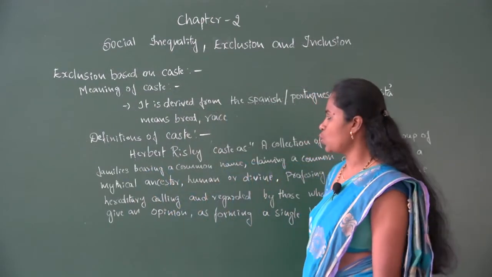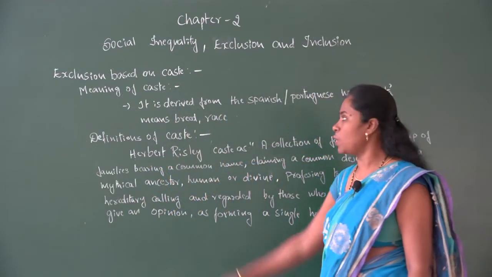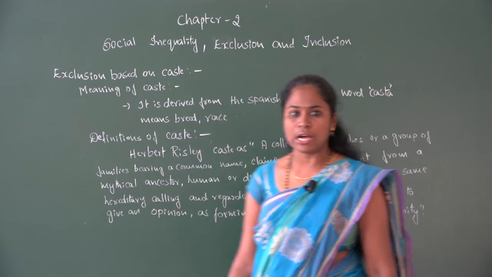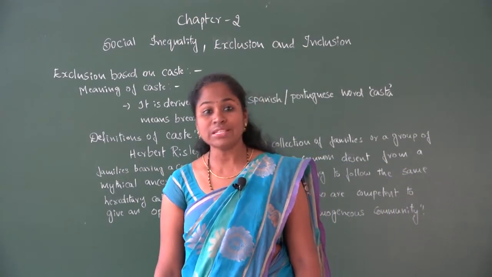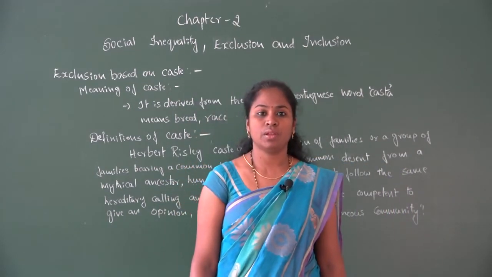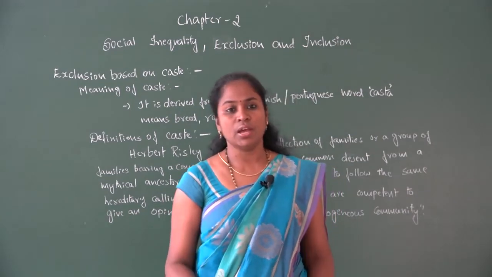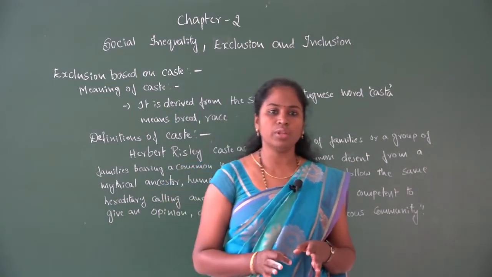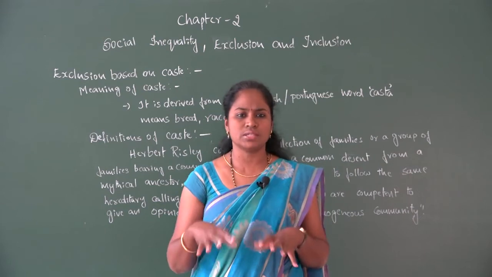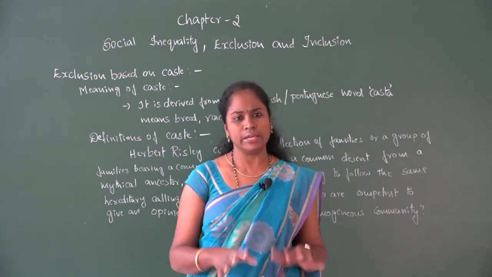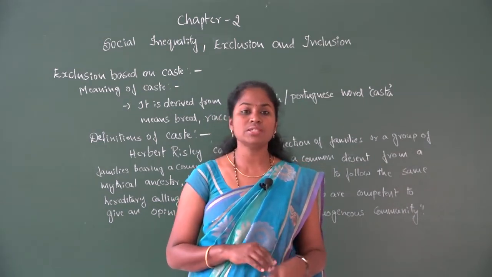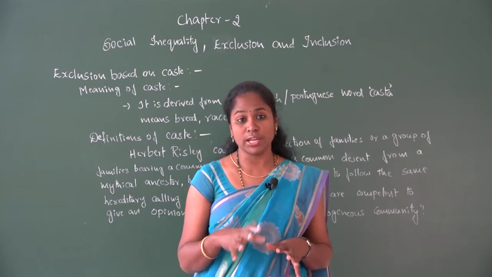Under social exclusion, first we discuss exclusion based on caste. So what is the caste system? In Indian society, the caste system is one of the important systems, deep-rooted as a social institution.